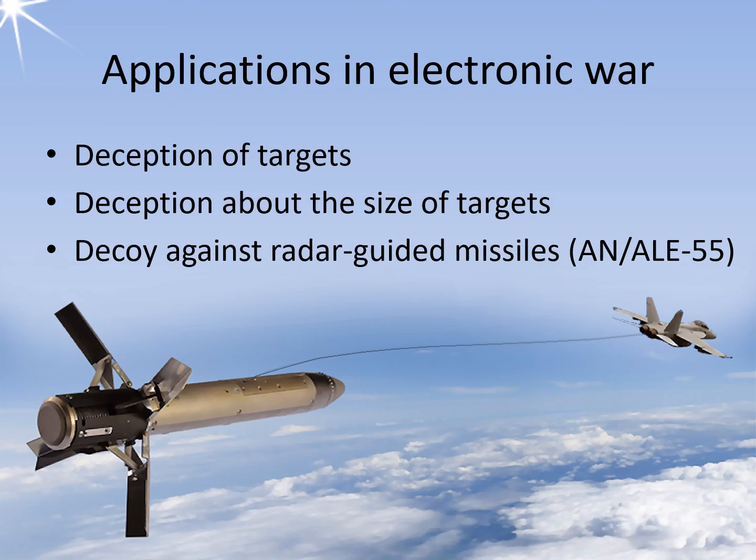Corner reflectors give inflatable dummy tanks a credible signature, even for radar. The escort ships for an aircraft carrier use corner reflectors to be displayed on the radar screen just as large as the more important target, the aircraft carrier itself. An airplane can pull a corner reflector on a rope behind it for self-protection.